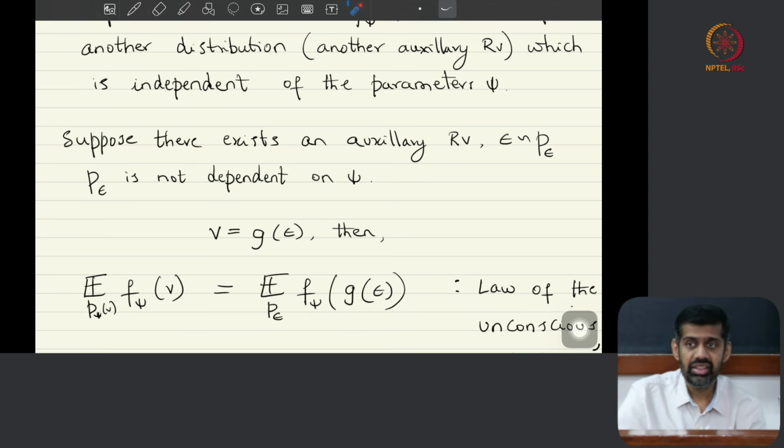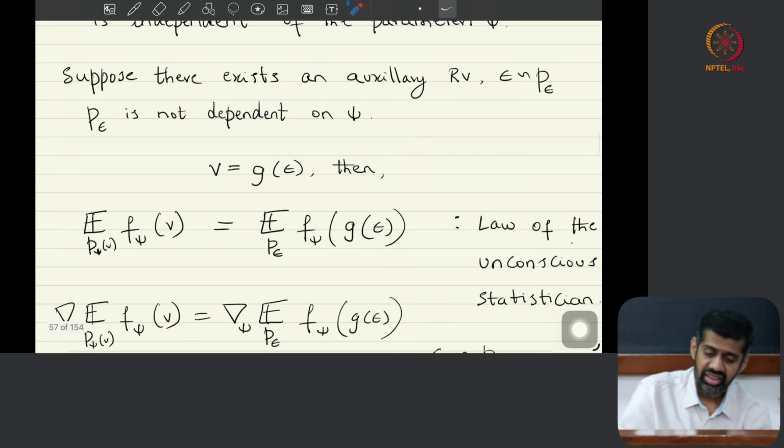Suppose that sort of a random variable exists, then the expectation that I am computing, the expectation of this function with respect to p psi, can now be written as an expectation of f psi of g of epsilon, because v is g of epsilon, and this expectation will now be with respect to p epsilon, not p psi.